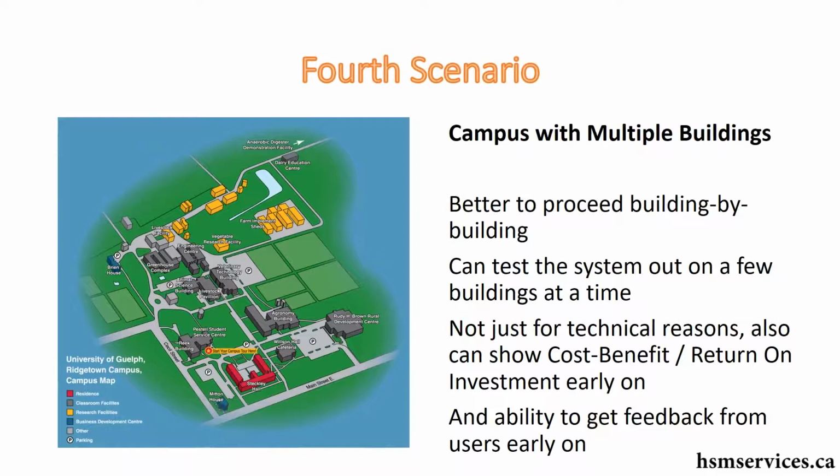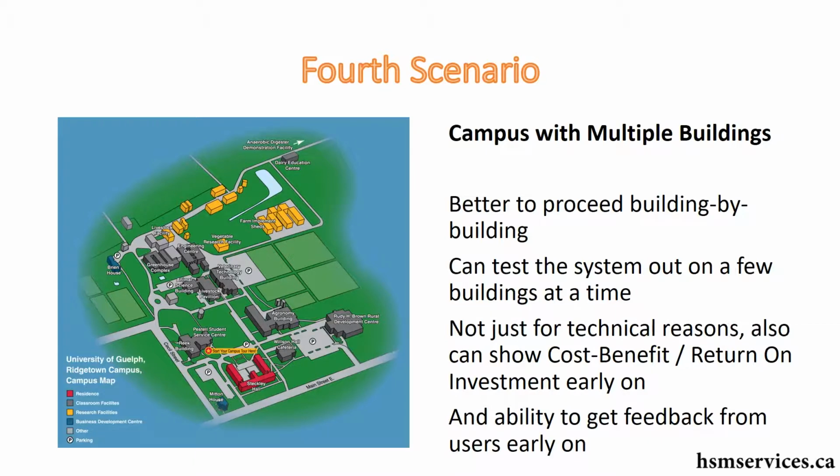You can proceed building by building, test it out a few buildings at a time, especially on a corporate campus. That can give you a cost-benefit analysis or return on investment. You can take it back to the decision makers and say, hey, this is working or it's not working, we need to make some kind of changes.